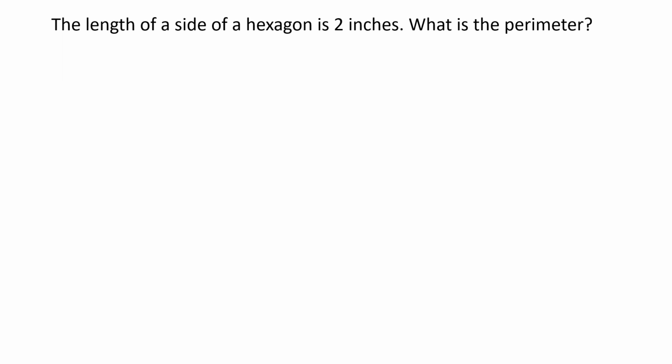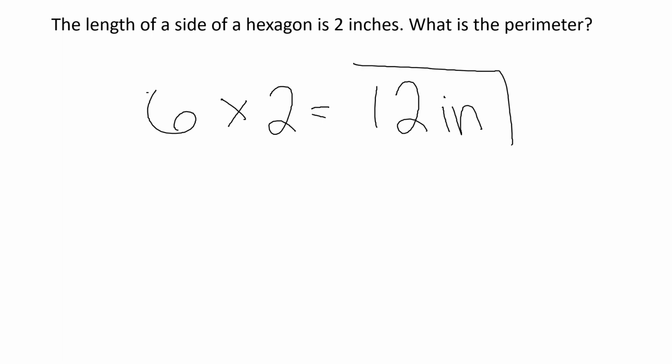A hexagon has 6 sides. If I know that the shape is a 6-sided shape, every side is 2 inches, I can multiply 6 times 2, and my perimeter then is 12 inches. So some of these you're going to have to just stop and think.